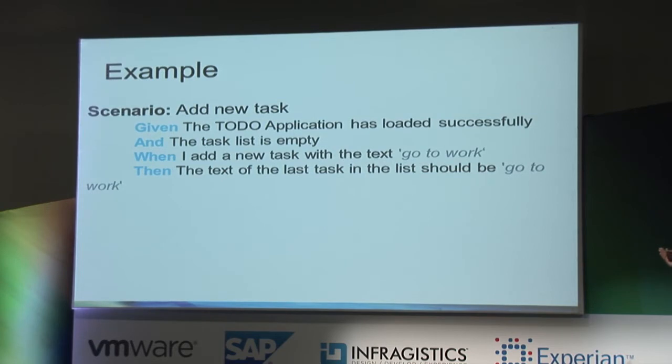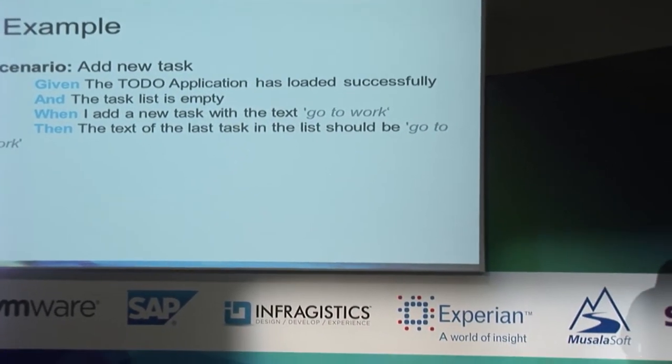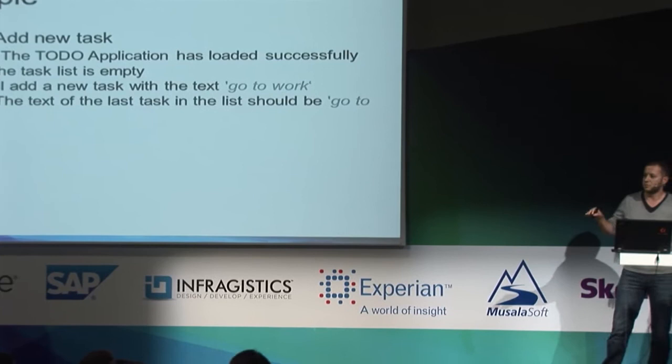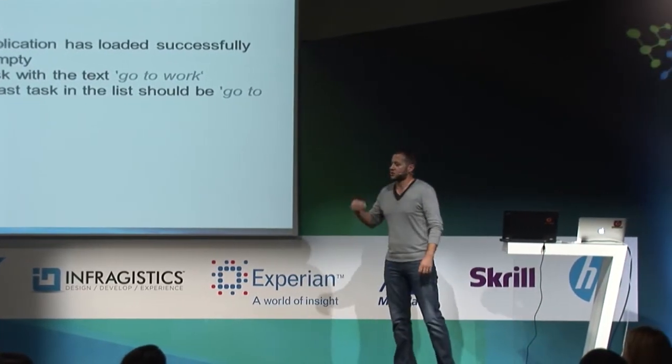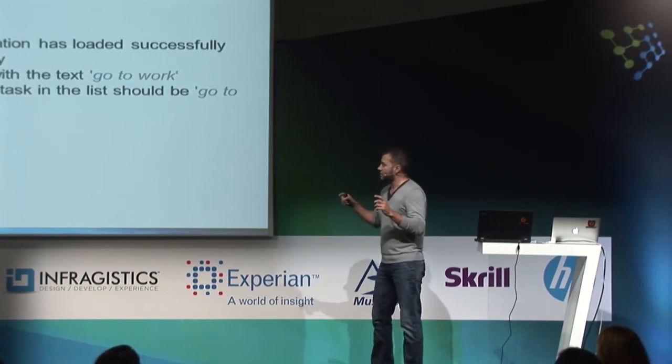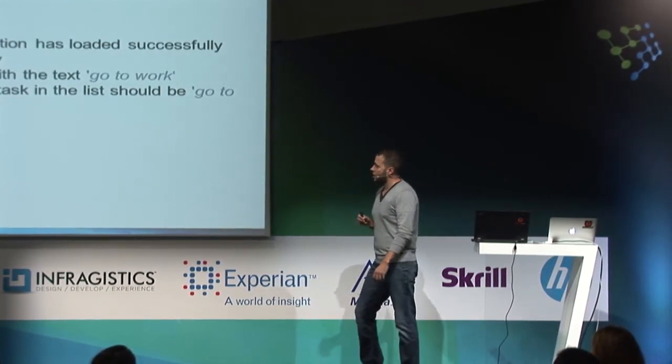So this is the Gherkin format, the Gherkin language. And any implementation of Cucumber, no matter whether it's SpecFlow for .NET or the original Ruby implementation for Cucumber, or there's JavaScript, Java implementation, any of those implementations will be able to parse this.